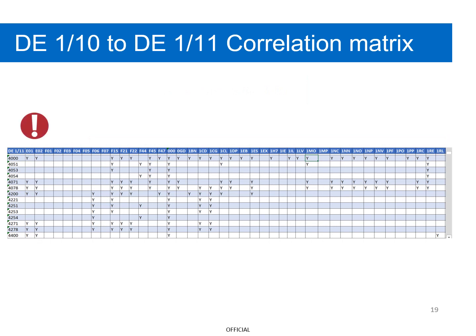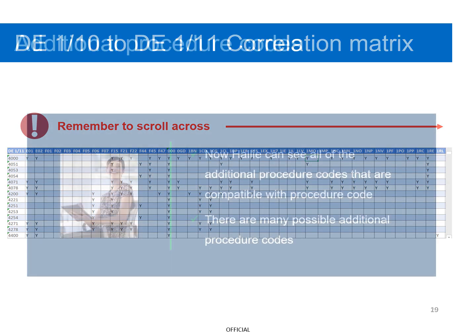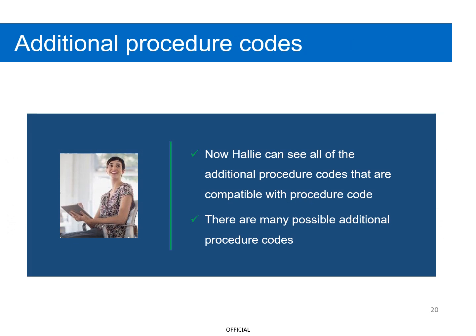Hallie must make sure she scrolls horizontally to see the additional procedure codes that link to procedure code 4000. Now she can see all of the additional procedure codes that are compatible with her procedure code.